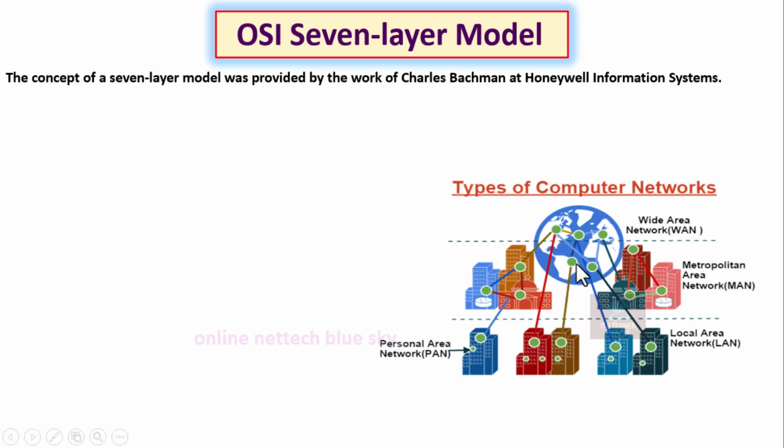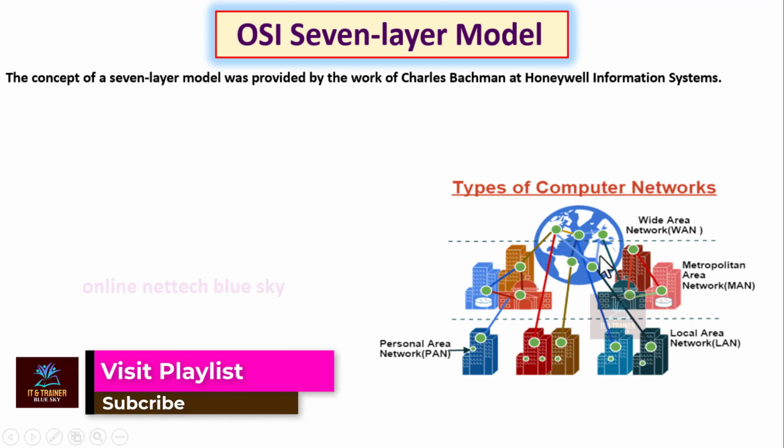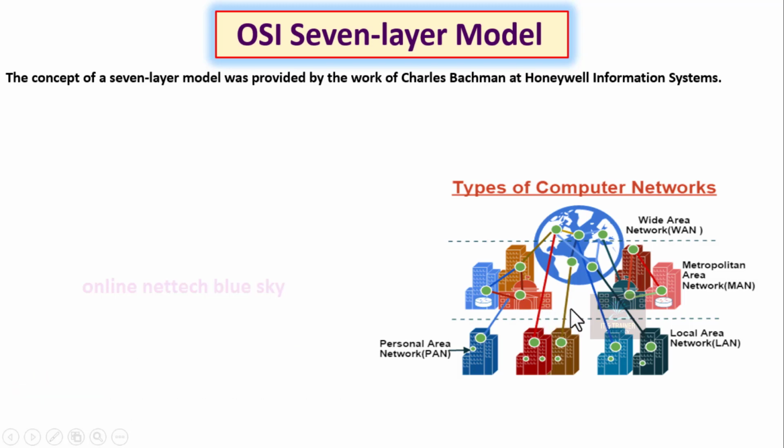How is this data identified, and how does one device send and another device receive your message, your picture, the video you are watching on the internet, the email you are sending, everything? It's called the 7-layer model.